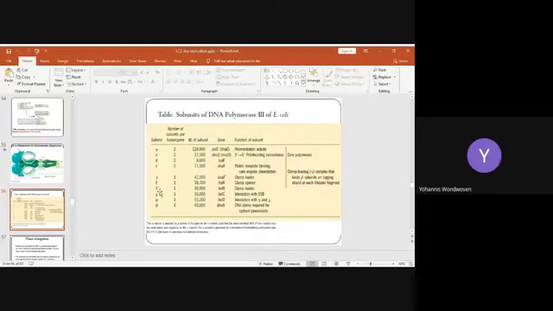Then the sigma prime subunit is acting as a clamp loader, the binding loader. The X subunit can act in interaction with a single strand binding protein, because after the opening of the chain, the DNA strand is bound to a single strand binding protein for maintaining the strand as single.